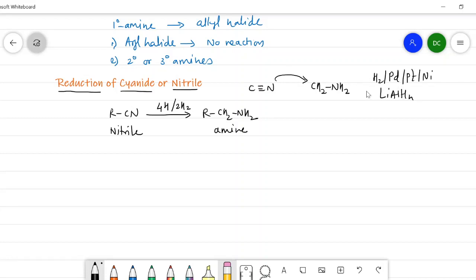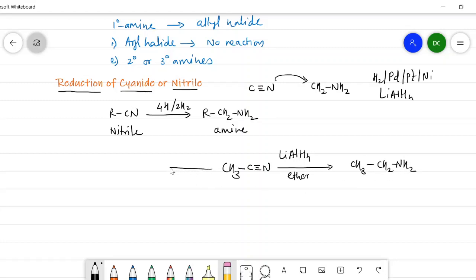Take the reaction of ethane nitrile, whose formula is CH3C triple bond N. Here I will write lithium aluminum hydride, and the solvent is ether. Then we get CH3CH2NH2.